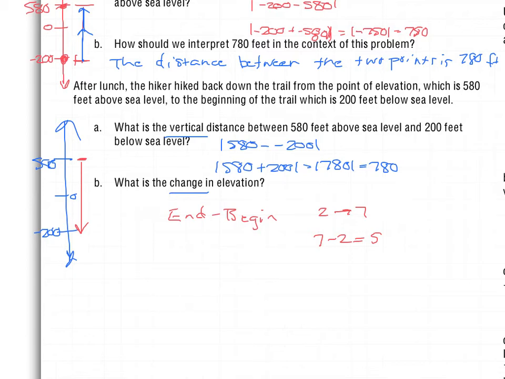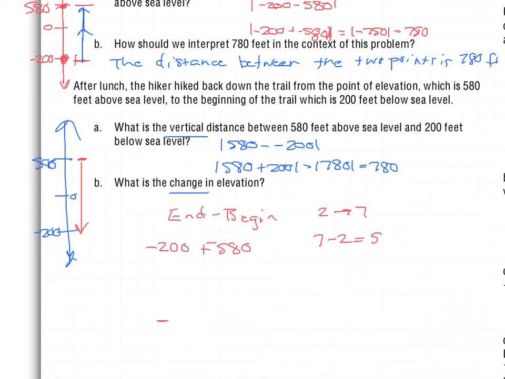So just thinking about this scenario here, we went from 580 to negative 200. Should our change be an increase, a positive, or a decrease, a negative? Hopefully you've identified for yourself that our answer definitely should be negative because we've decreased the value here. So if we want end minus beginning, that's going to be negative 200 minus 580.